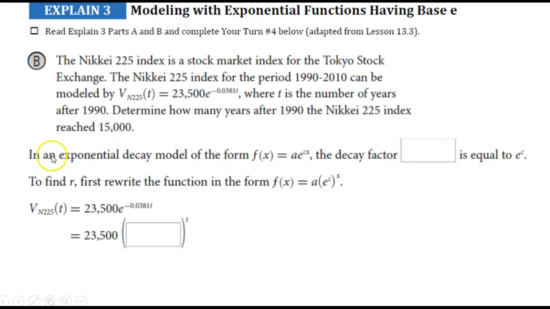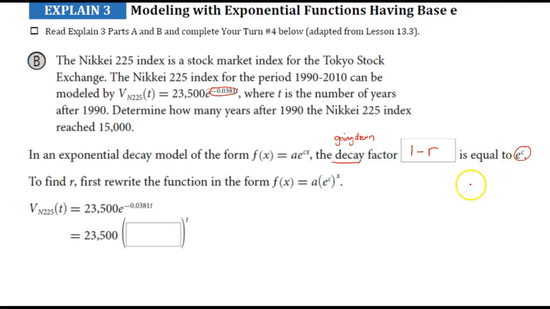So before we do that, we're going to again find out what the decay factor is. Because you'll notice for this one that this is a negative number, that it's actually decaying, it's going down. Not a positive thing to think about, but it's going down. And what we're going to do is equate 1 take away r, since it is decaying, to our value here.